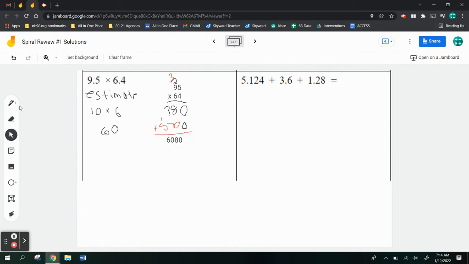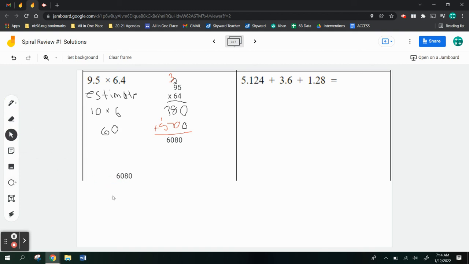Now the question is, if this is my answer, I know I multiplied decimals, so my answer should be a decimal. So where do I put the decimal so that this is super close to my estimate of 60? You guys are smart enough to know that.